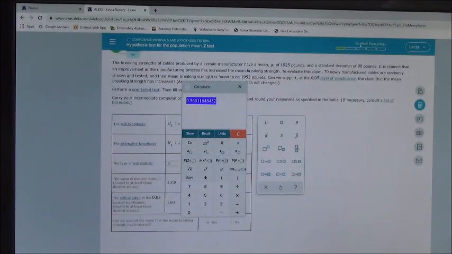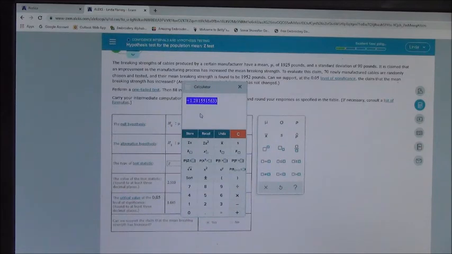Again, if I use the Aleks calculator over here to find my critical value, I'm doing z sub. I have to actually do negative z sub because I'm doing the area to the left. Negative z sub 0.10, and when I hit equals, you can see that I get the negative 1.282, just like I did on my graphing calculator.